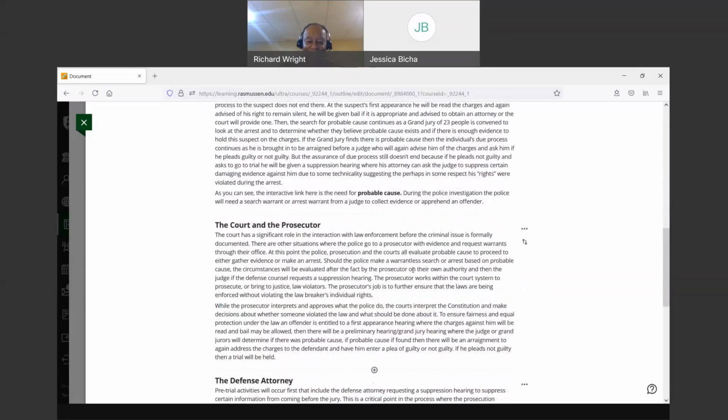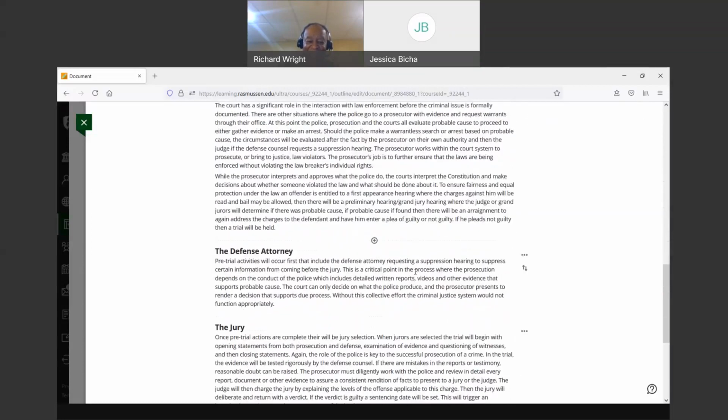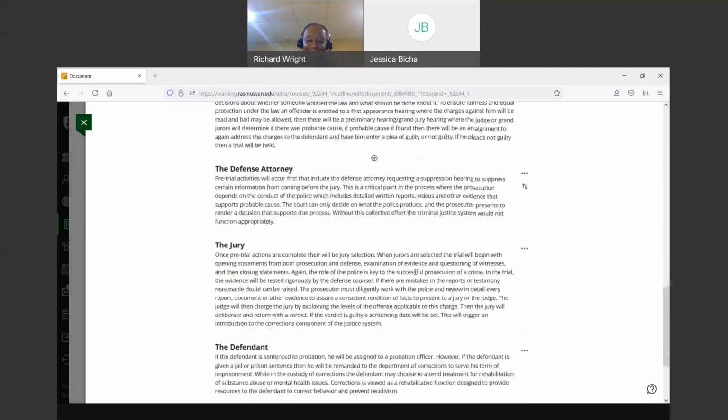Then the courts and the prosecutor. The prosecutor represents the people. Okay. Then the defense attorney represents the person who is charged. The jury generally consists of 12.